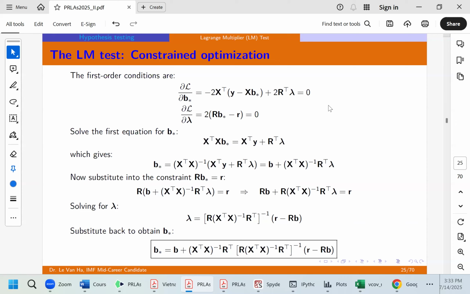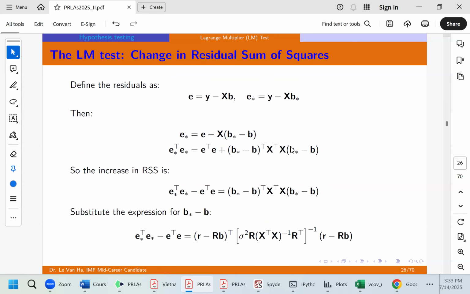So I am deriving another test from the perspective of constraint optimization. You define the unrestricted error term. I will use epsilon also, but in this context I use e, and e star is the restricted term. It can be shown that e star transpose e star is equal to this component here.